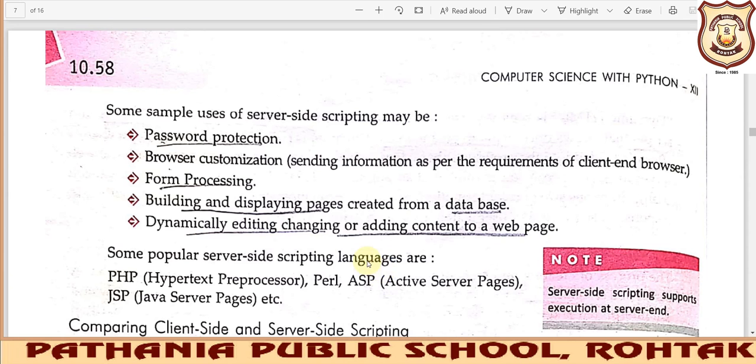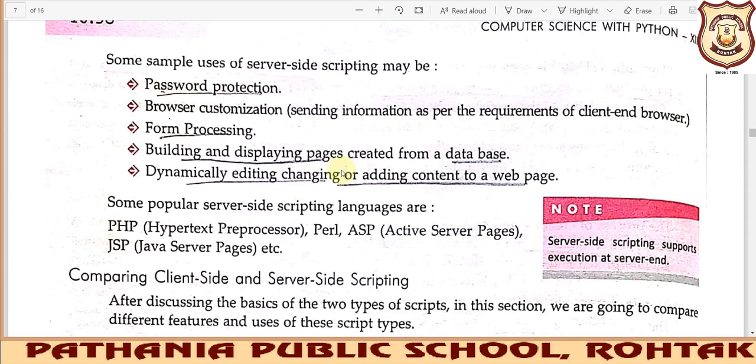Fine. So for what purpose do we use server side scripting? One is password protection, and another is browser customization. If we want to set the browser settings, we can go with server side scripting. And we also use it for building and displaying pages that have been created using a database.